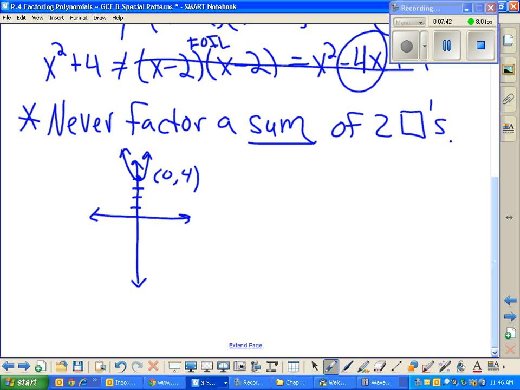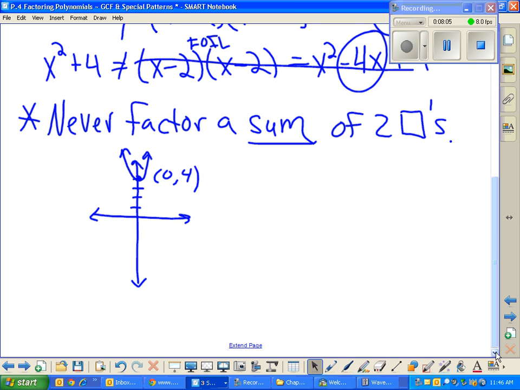That graph never crosses the x-axis. So there's no solutions for x, which means there's no possible way you could find real factors for this problem. It's just not possible. So you can factor a difference of 2 squares, but you cannot factor a sum of 2 squares. You good with that?